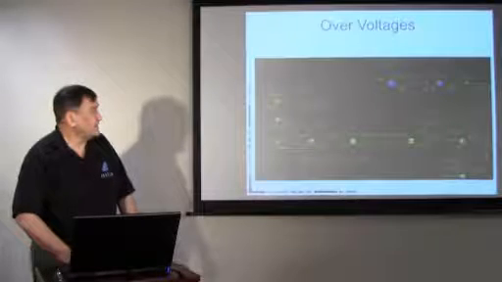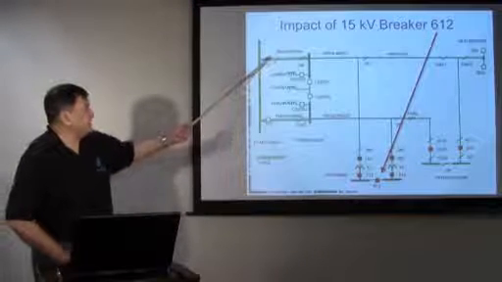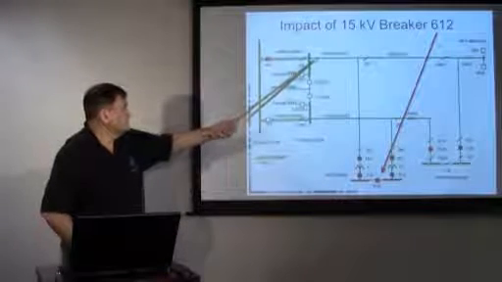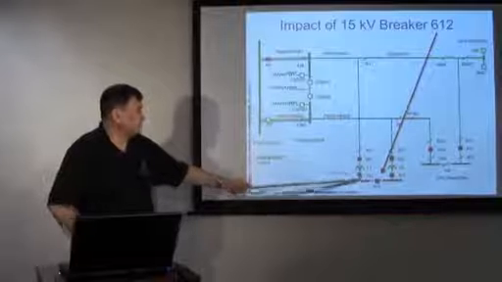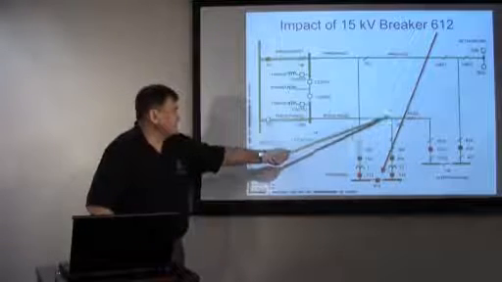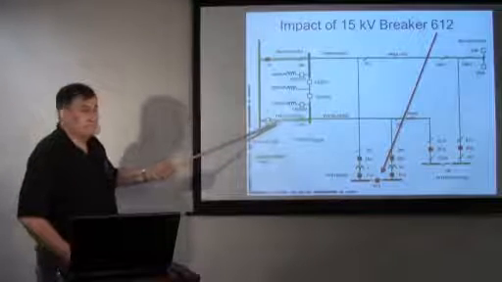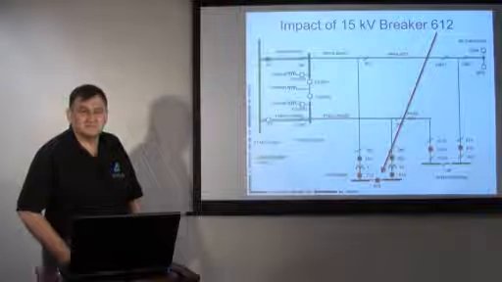And why is that? That's because basically we had a backfeed. We energized this cable here, and then that energizes this bus here, which energizes this bus, which then energizes this entire cable here. So we had double the charging that the operator would have expected.